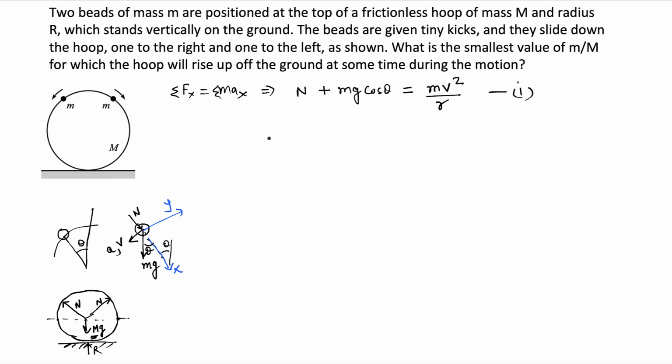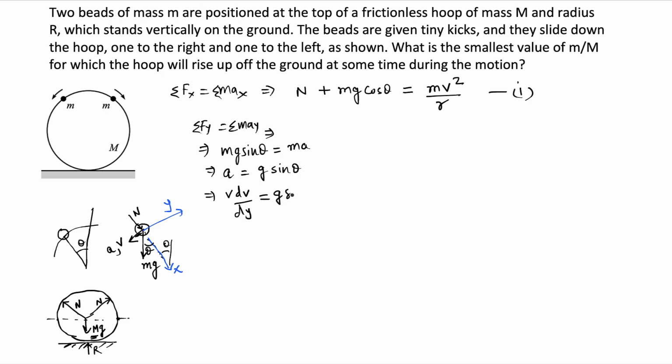Now we can approach the second equation using two different methods. First let's use Newton's law only. Fy equal to m ay, we get mg sin theta equal to m a. Therefore a equals g sin theta, and a we can write as v dv by dy.